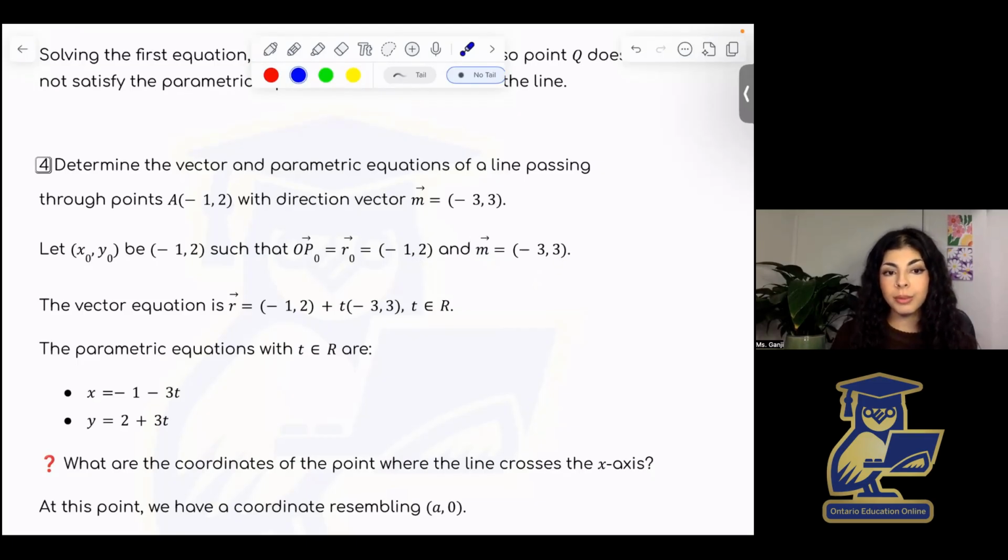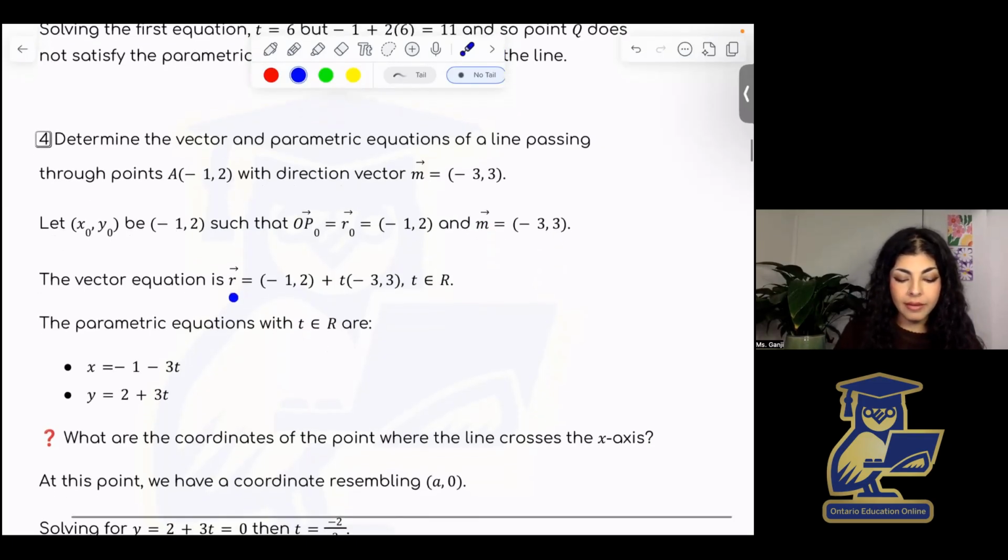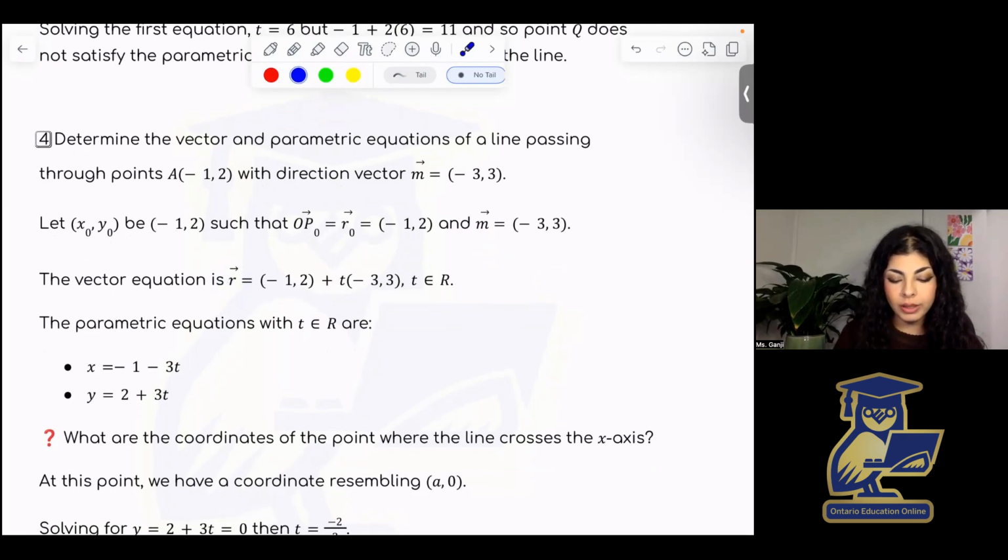So just using the formula above, the vector equation given by r is going to be that first point, negative 1, 2, plus, and here I've just picked t. Again, you can pick s or any other variable. So t times negative 3, 3, with t in the set of real numbers.